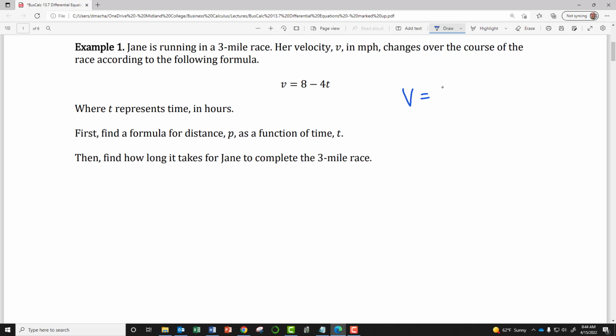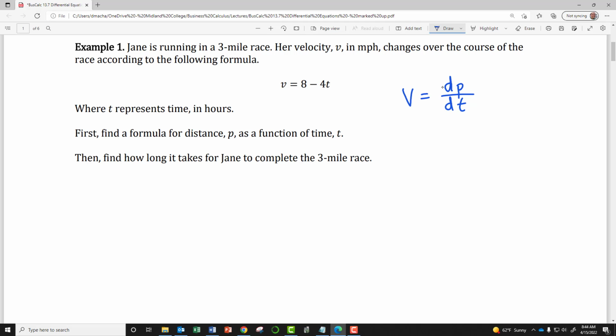And you know that the derivative can be interpreted as a rate of change. And so we could write the velocity is equal to the rate of change in the position or the distance over time. So I'm using p for distance. And so I would write the velocity as dp/dt, because dp/dt in symbols is talking about the ratio of the change in distance divided by a change in time.